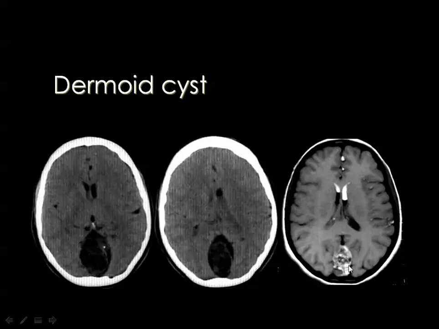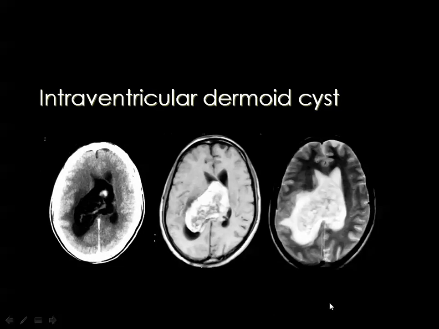Then the T1 weighted MR image showed high signal of the fat, and you can see the fat CSF level within the frontal horns of the lateral ventricles due to leakage of this dermoid cyst into the subarachnoid space as well as inside the ventricular system.